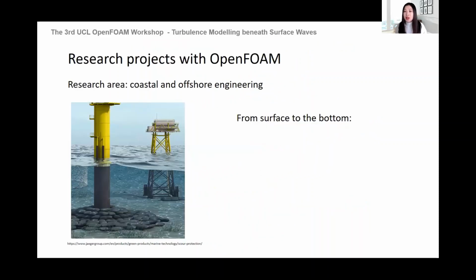So my research area is focused on the coastal and offshore engineering field. And I've been using OpenFOAM as a research tool to conduct CFD simulations for related problems, covering the range from the sea surface to the bottom. As you can imagine, the ocean is such a complex system involving multi-physics.